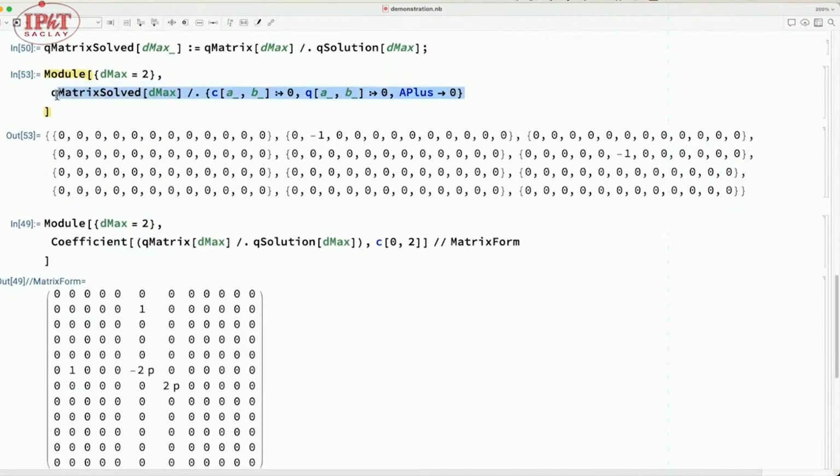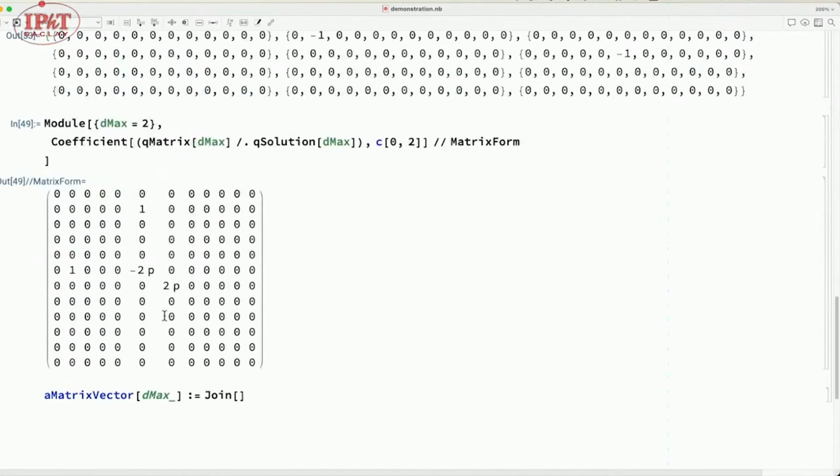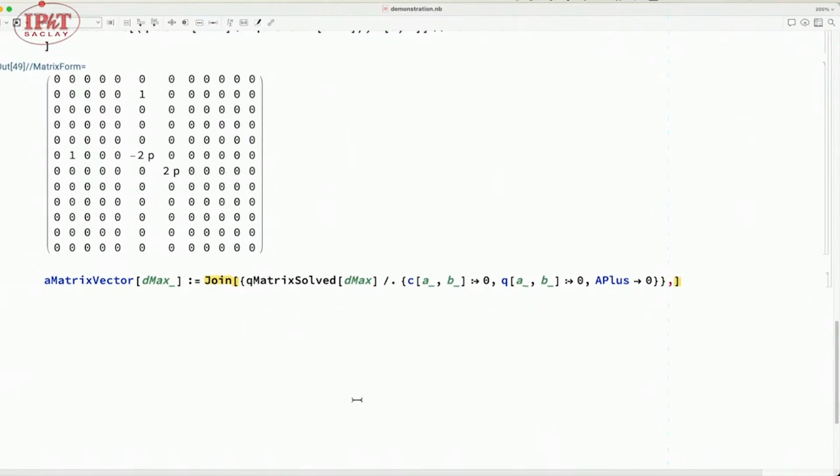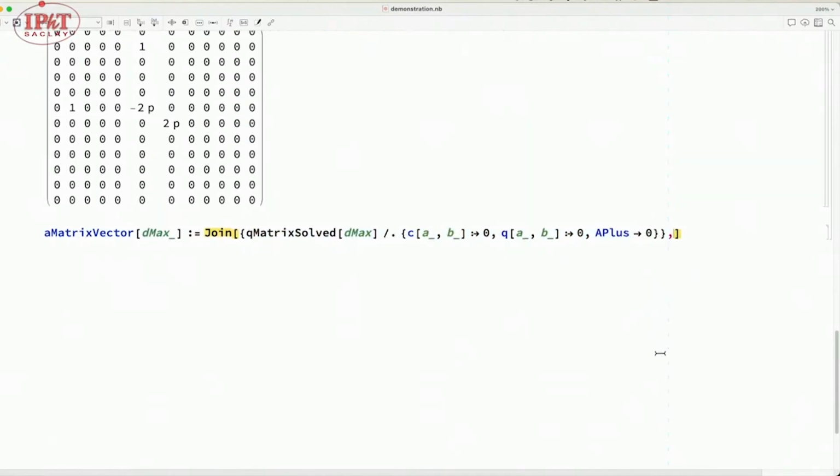So this is no longer a 0 matrix, and it's going to be the first entry of the A matrix vector that we are going to feed to the semidefinite optimization. Because it should be a list with one element. Yeah, so this is a list with one element whose element is the matrix. And the rest of this list is going to be a table where we scan over all of the variables.